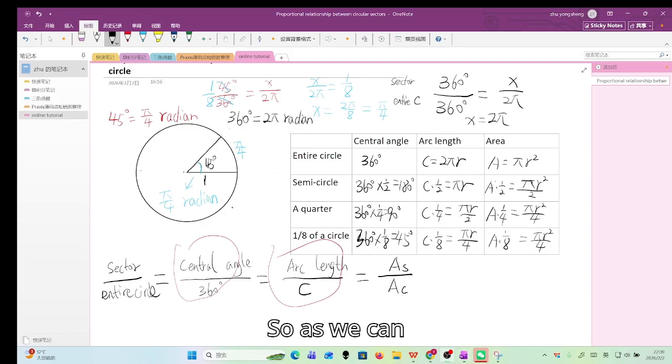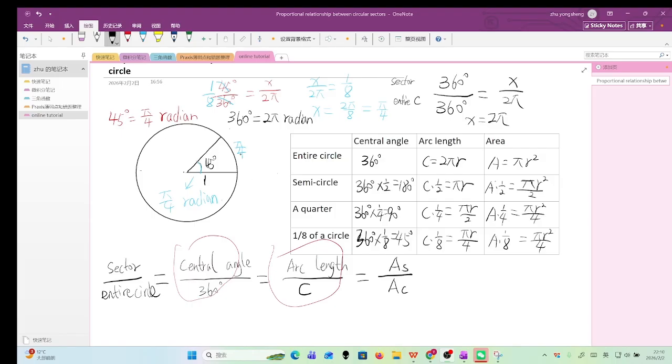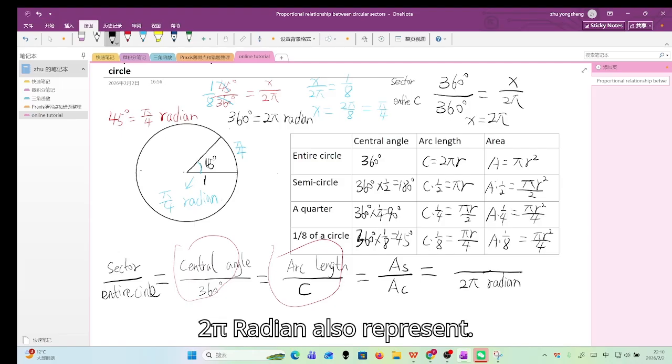So as you can see, just like a 360 degree central angle means an arc is a whole circle, means a sector is a whole circle, 2 pi radians also represents an entire circle.